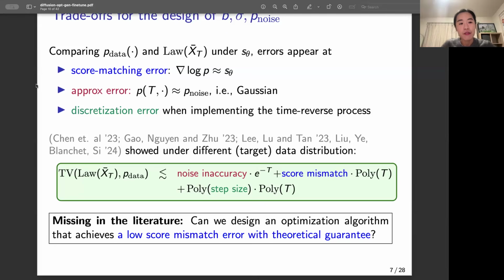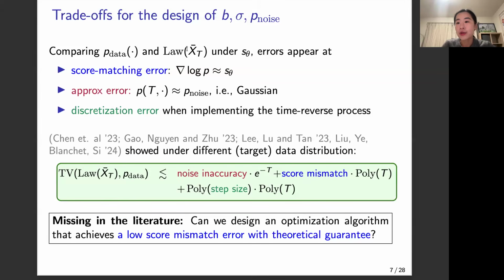So if we want to touch a bit on the theoretical foundation of diffusion models, we can think about where the error can come from. If we compare the data distribution, which is something we don't know, but we want to get more samples from, versus the output distribution from our time reverse SDE under the score approximator, then errors appear at several different levels.